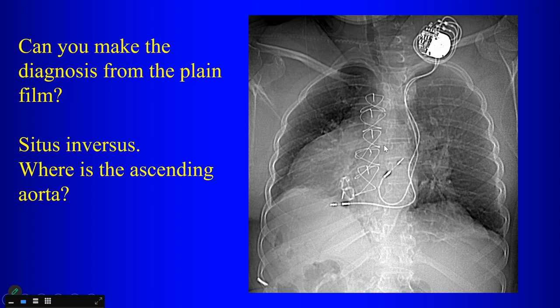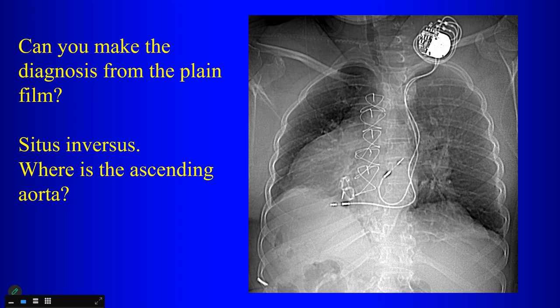right? And we said that if the ascending aorta is to the right, or if the aorta down here is to the right of the pulmonary artery, right? That usually goes along with a D loop heart, right? So if the patient has situs inversus and formed a D loop heart, that is a discordant cardiac loop.